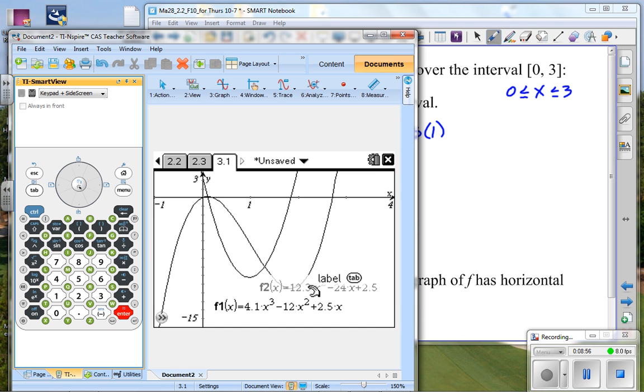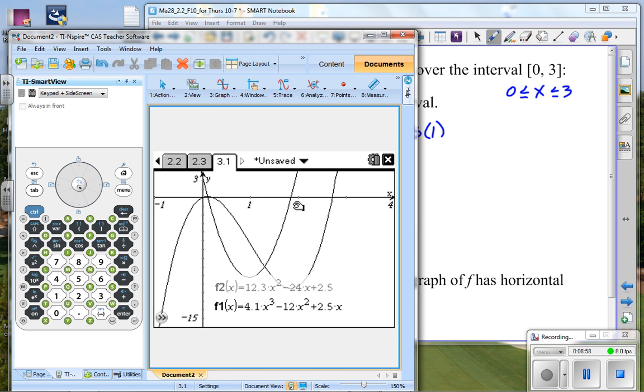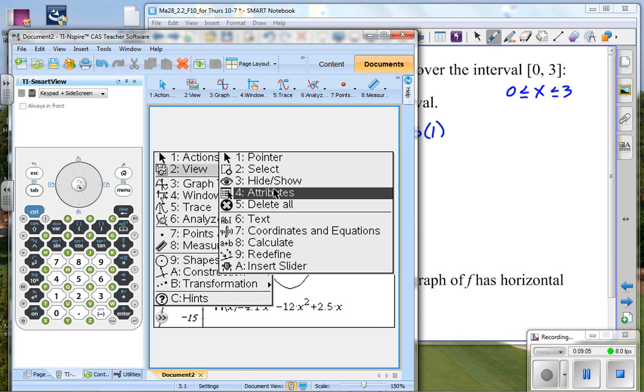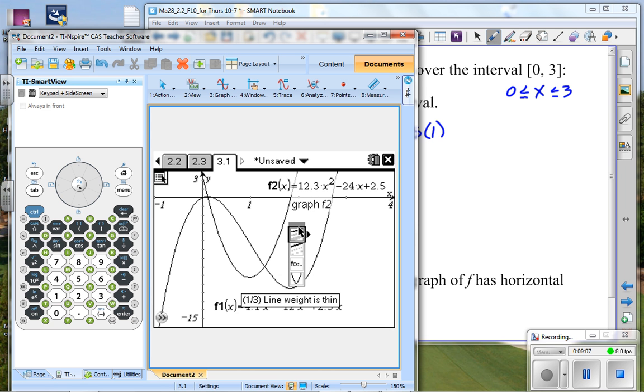And we have then our derivative. So I'm going to now go into Menu, Actions, and Attributes, and I want to change this to be a little thicker so we can see the derivative a little differently.